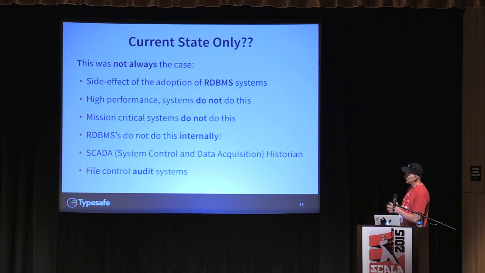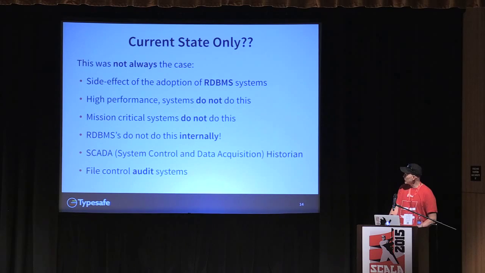So if it has 2 or 3 readings that are identical, it doesn't actually persist that. The implied model is that if nothing has changed, then you can use the value that was recorded and last known. And file control audit systems, et cetera, back on the mainframe with VSAM data sets and such, keeping track of inserts and changes to files were tracked this way too.